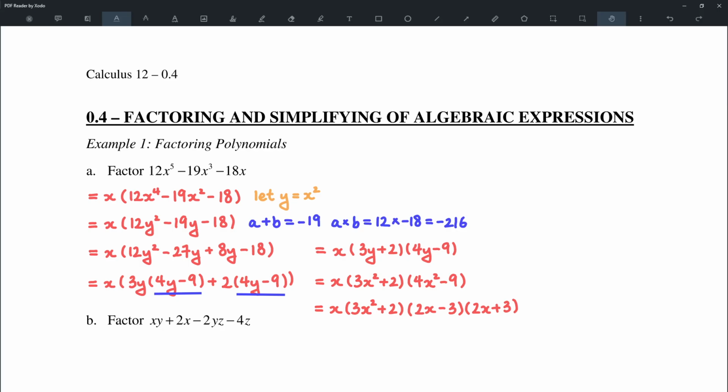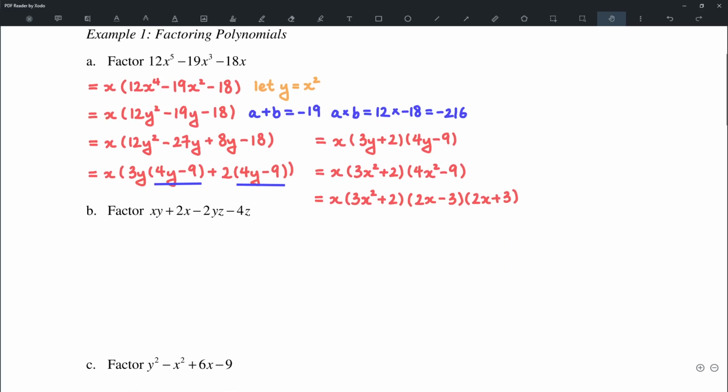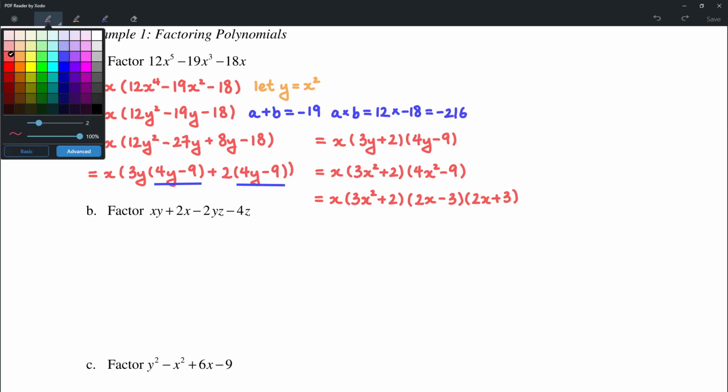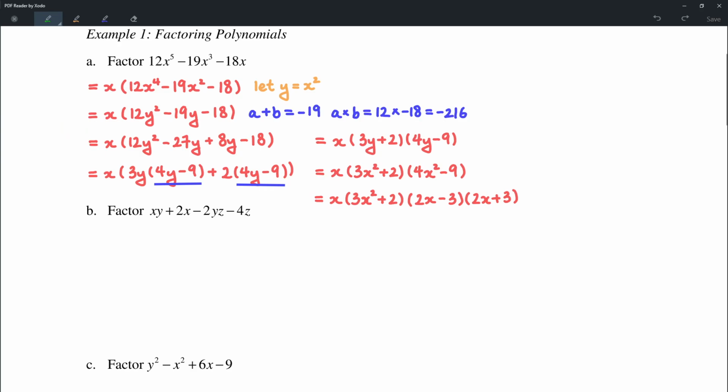Let's move on to example B. Again, a factoring question. So this one, the first step is to note that the first two terms have a greatest common factor of x, so we can factor that out.